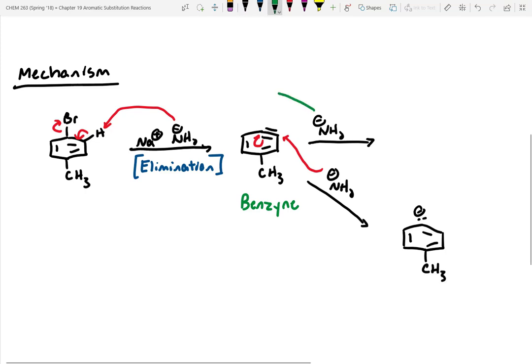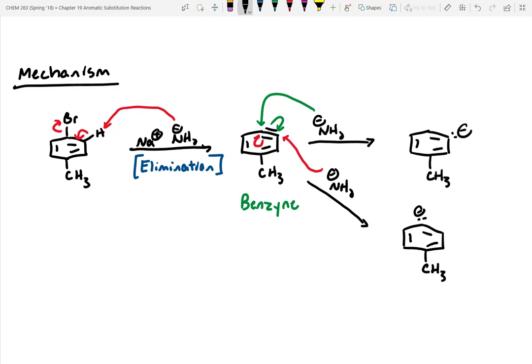Or it can attack the top carbon and kick electrons over to the right. And in fact, both intermediates are observed for this reaction.